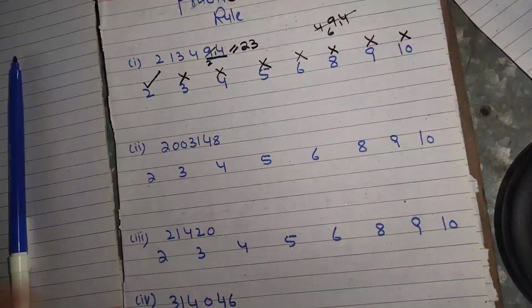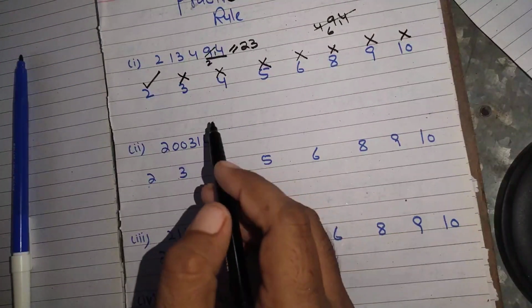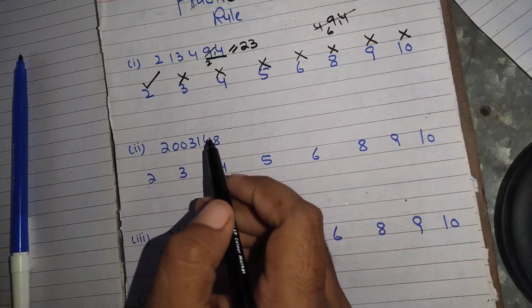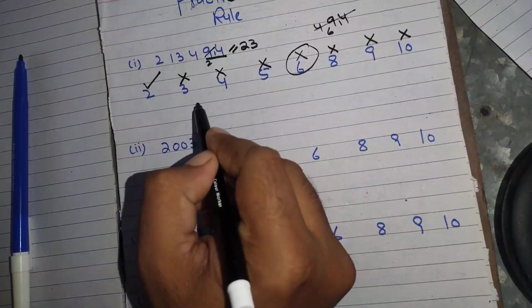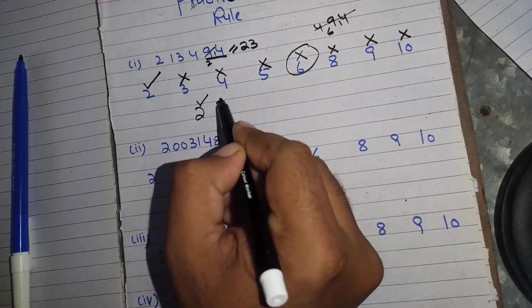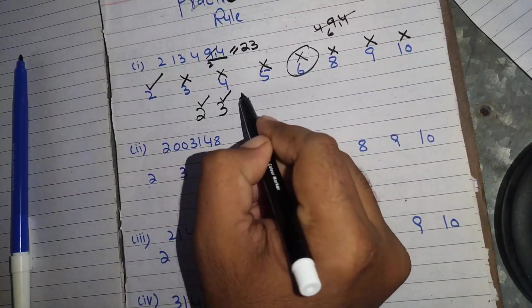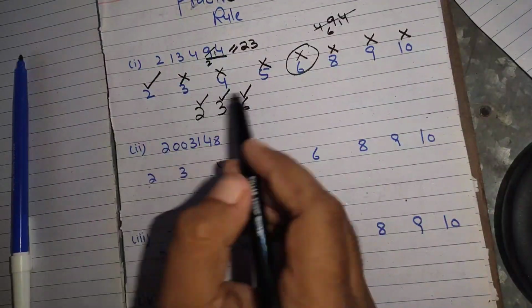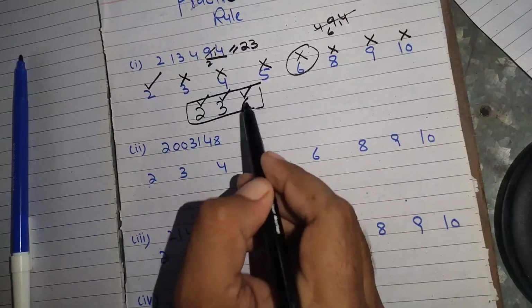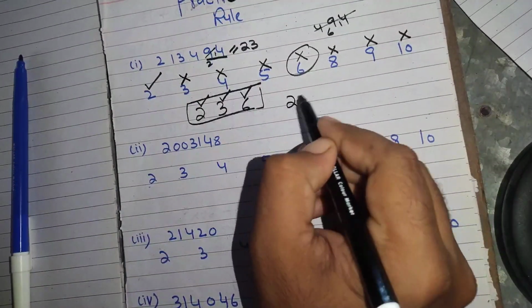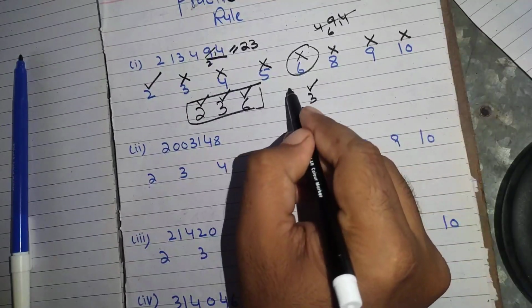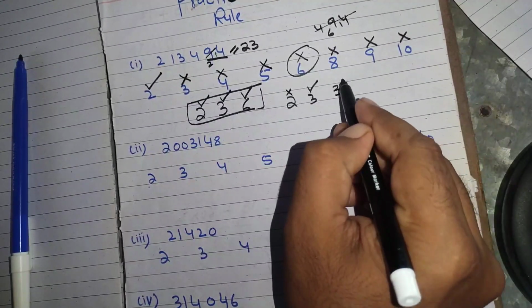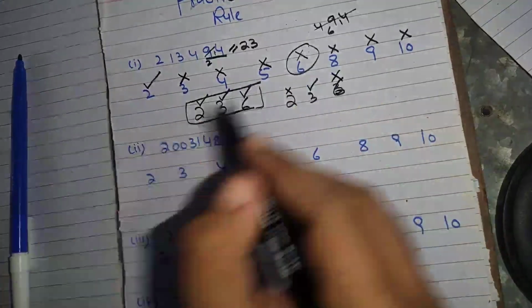Now come to the second number. Let me tell some important points about 6. If 2 is a divisor and 3 is a divisor, then 6 will definitely be a divisor of that number. If one of them is not a divisor, for example 3 is a divisor but 2 is not, then 6 is also not a divisor.